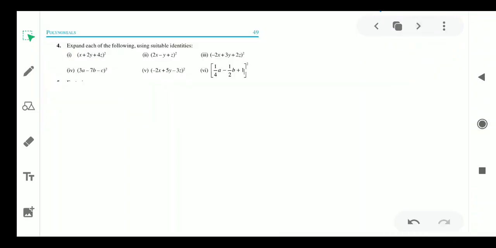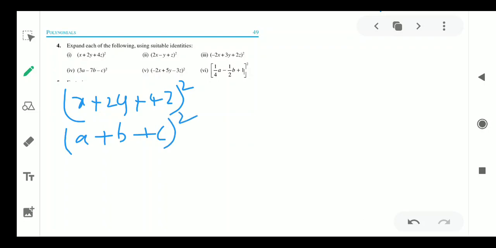Here the first one is (x + 2y + 4z)². So this is in the form of (a + b + c)². See here, what is the a value? a is equal to x, b is equal to 2y, and c is equal to 4z.